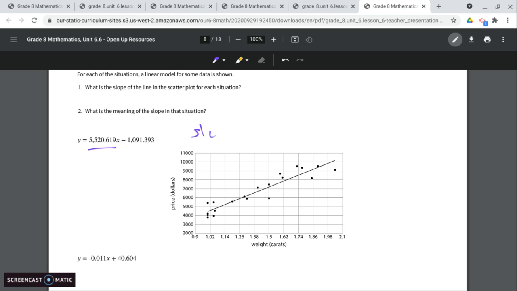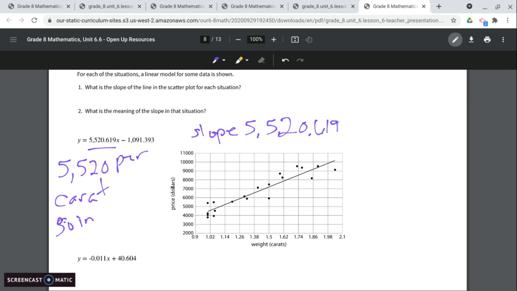The slope is 5,520.619. What this means is if the weight of a diamond increases by 1 carat, the model predicts that its price increases by 5,521. So we can say 5,520 per carat.